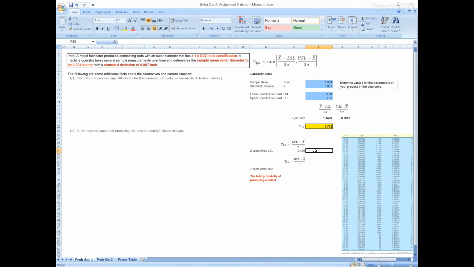To get the probability associated with the z-value, we need to use the NORM.S.DIST function in Excel. We get the result of the probability for the LSL, which is 0.0003.